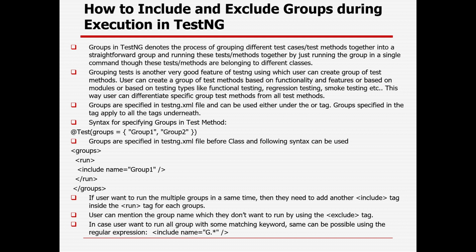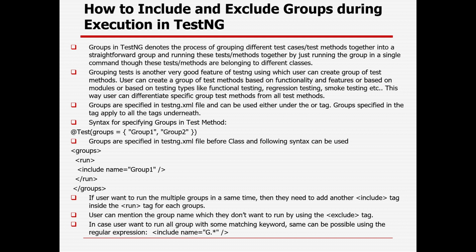So a group in TestNG denotes the process of grouping different test cases or test methods together into a straightforward group and running these tests or methods together by just running the group in a single command, even though these tests or methods belong to different classes of a single project.